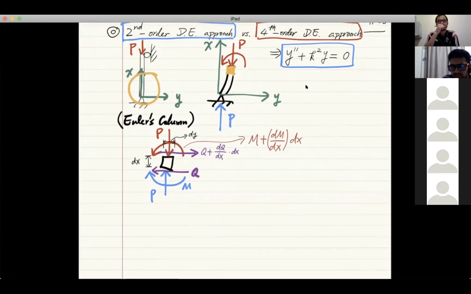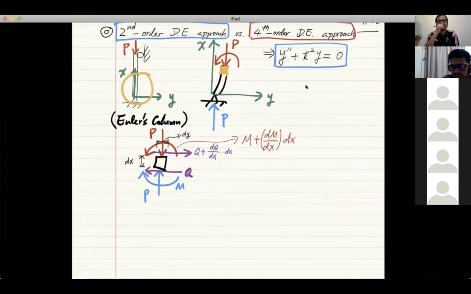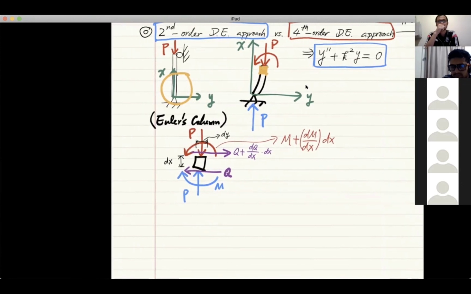Now what we're going to do is just simply taking the force equilibrium and the moment equilibrium. The moment equilibrium will lead us to this by taking the moment equilibrium. The moment equilibrium is where we're going to take at the bottom side, which is somewhere here at the top.